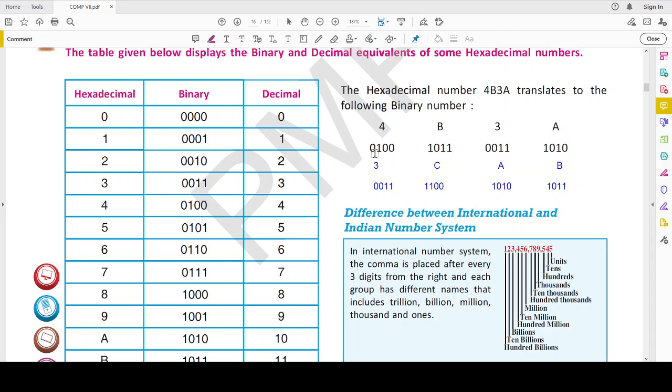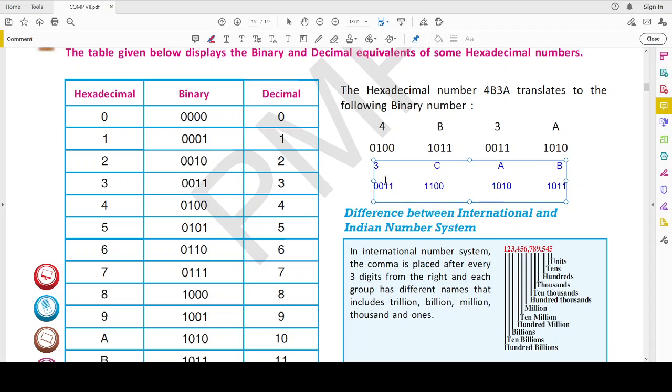So it is 0100101100111010. You cannot segregate it, but you have to tell it all at a time and write it all at a time. Right. So let's take another example, 3CAB.